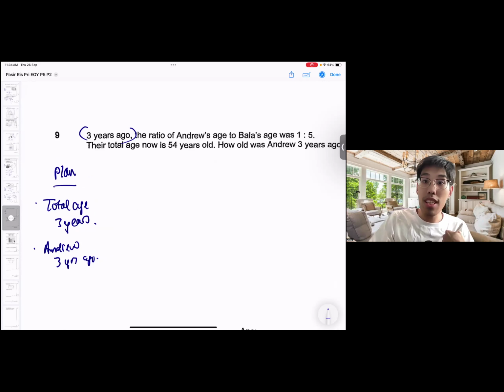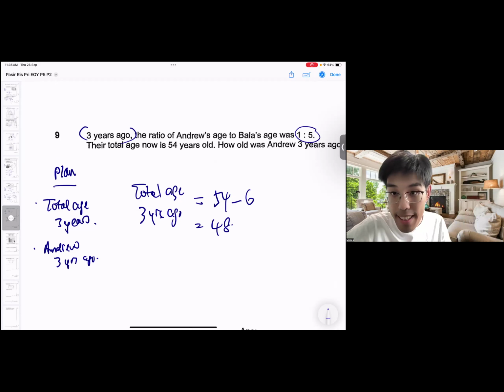All right, so the total age 3 years ago will be 54 minus 6, which is 48. Can follow? That is when these 6 units, because 3 years ago is 1:5. So the 6 units here is the 48.